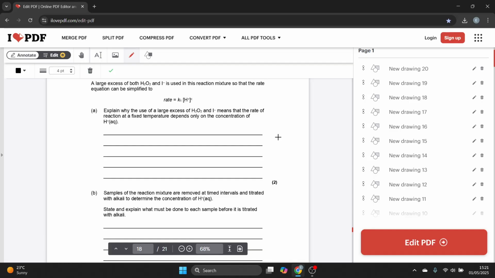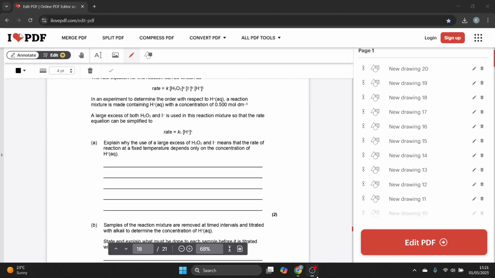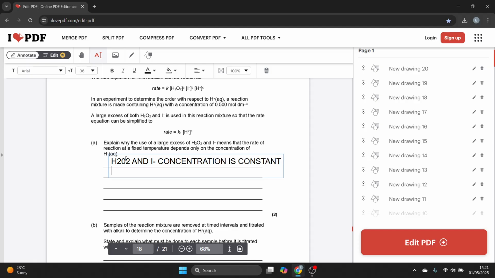Explain how the use of a large excess of H2O2 and I minus means that the reaction at fixed temperature depends only on concentration H plus. Well, the idea that H2O2 and I minus concentration, therefore, is constant, so have no effect on the rate.